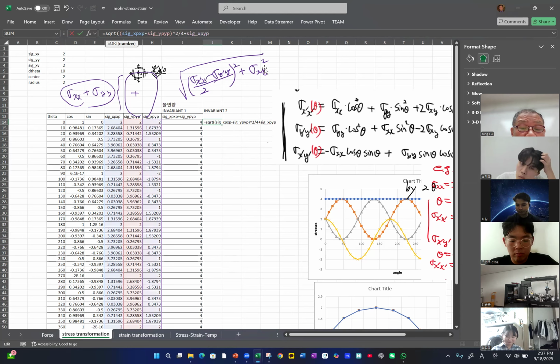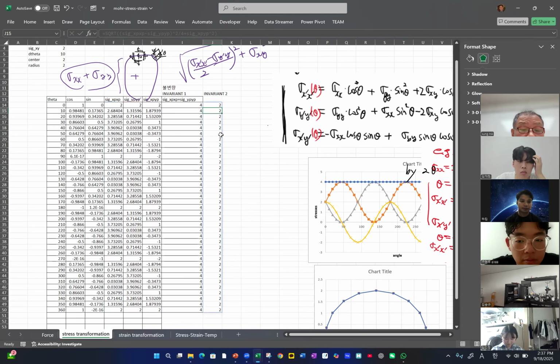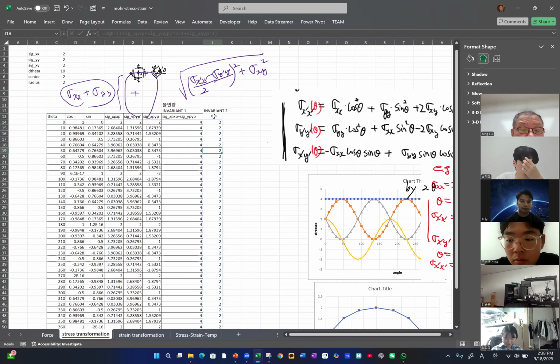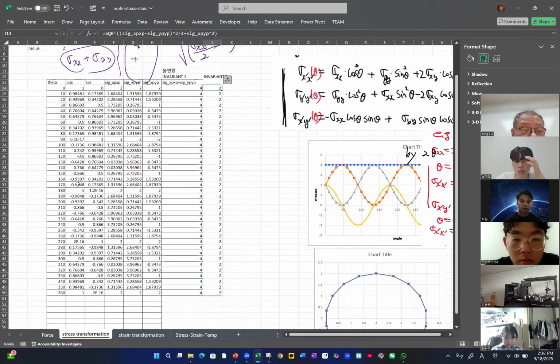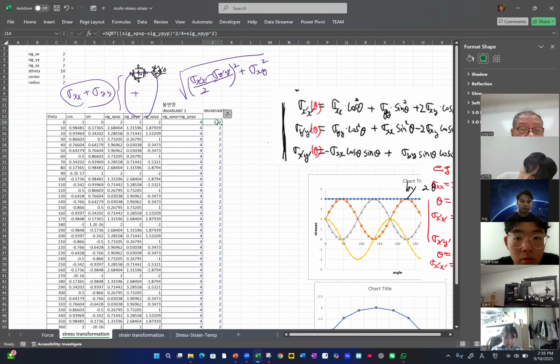Okay, sigma x prime y prime, and here the square and like this. See, we enter the formula like this, and all along the angle, this term does not change.